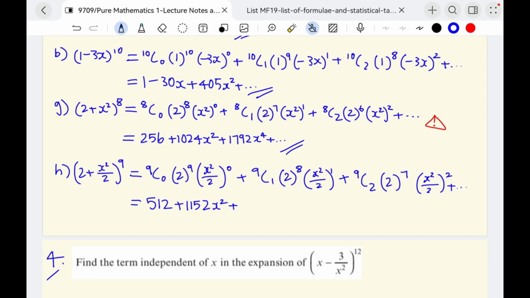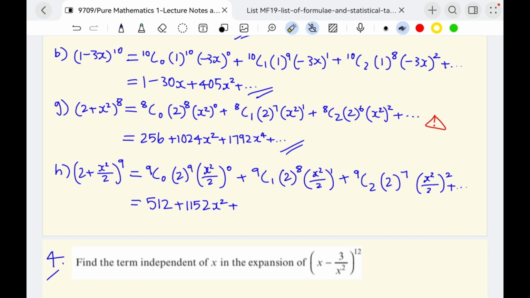Plus 9C2 times 2 to the power of 7 times 1 over 4, because it is half to the power of 2, which distributes to x squared and the 2, so divided by 4.